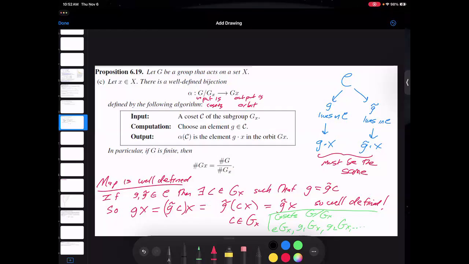Basically, we have an isomorphism: you give me some coset that goes to one element in the orbit, and I can't have another coset going to the same thing, then we would be done. And we're assuming right now that our sets are finite.